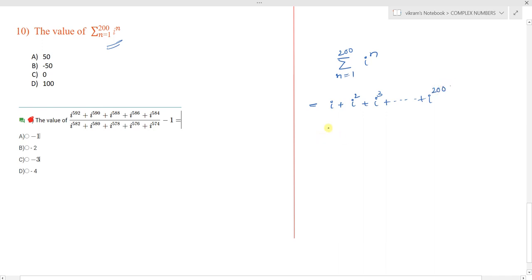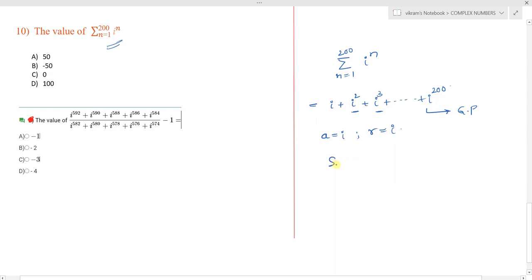Here the first term is i, and every term is multiplied by i, so the common ratio is also i, which is a geometric progression of a finite series.